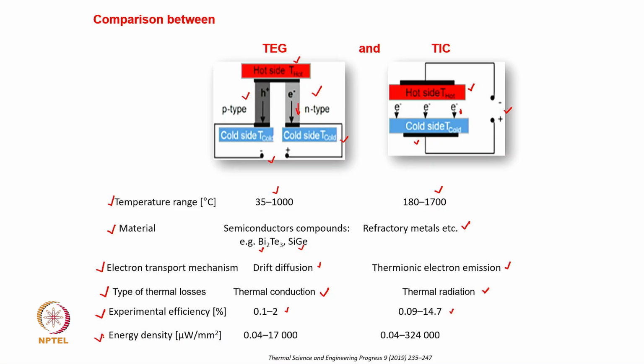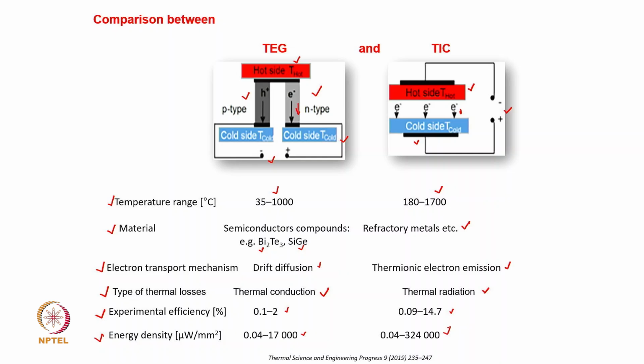Energy density for the TEG device is relatively low, which you talk in terms of microwatt per millimeter square. This is a typical unit of energy density being used for these devices. Okay. Maximum you can say 17,000, typically here it is higher. Okay.